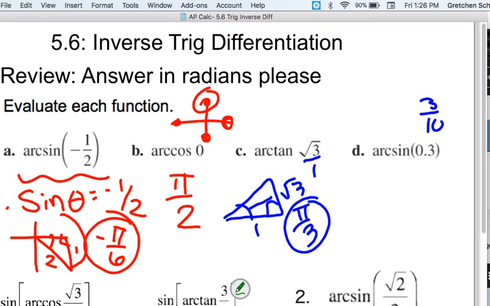How many radians? So if you did not get that, go to your mode and change it into radians. You're probably just measuring in degrees.